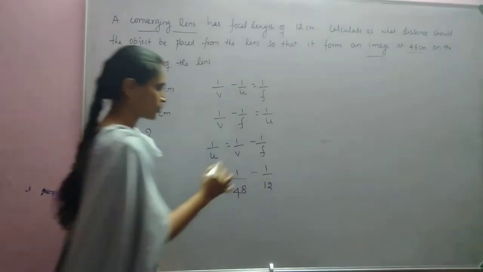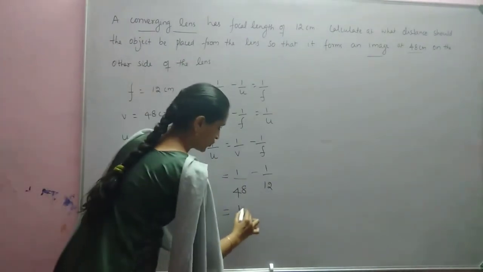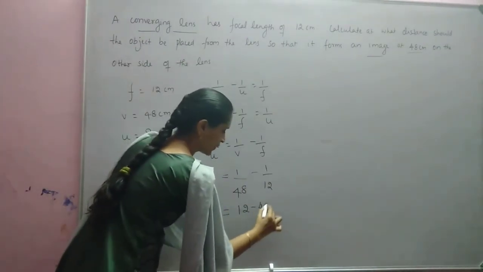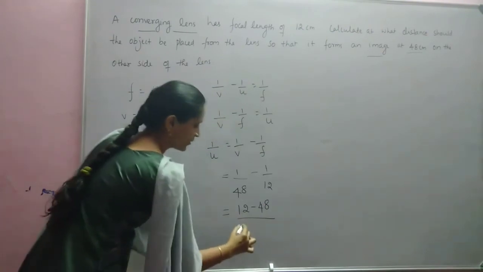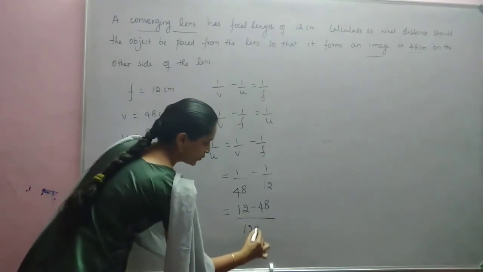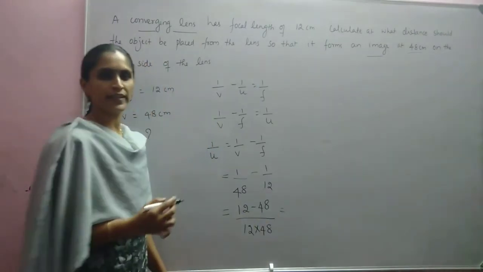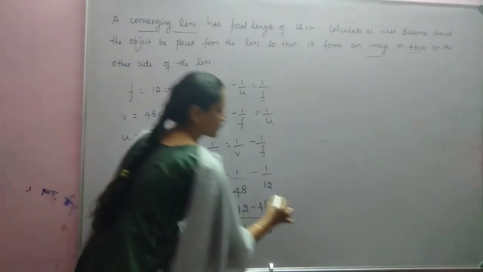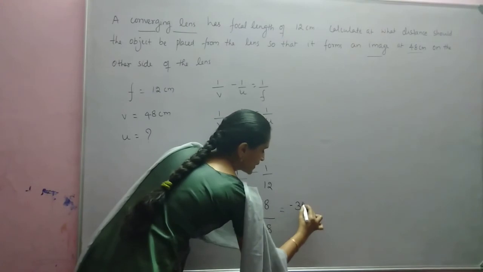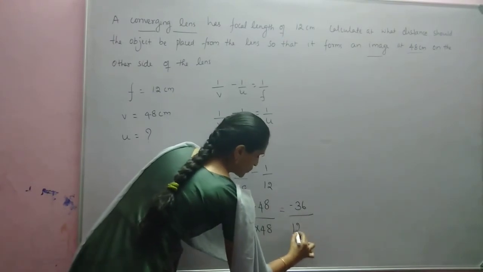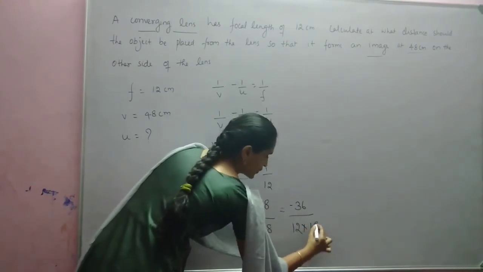Okay. So you can write it as 12 minus 48 divided by 12 into 48. 12 minus 48 can be written as minus 36. So minus 36 divided by 12 into 48.